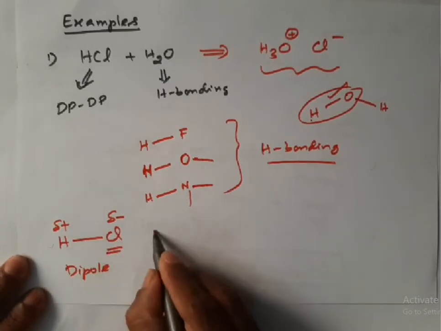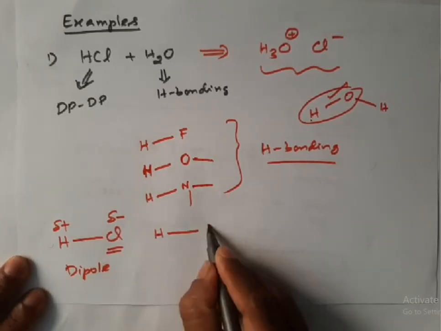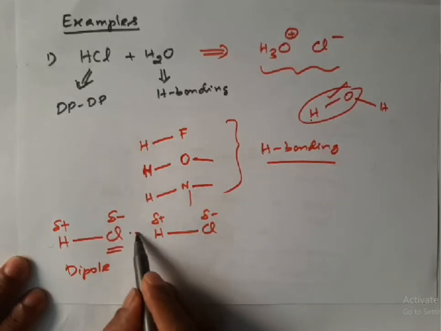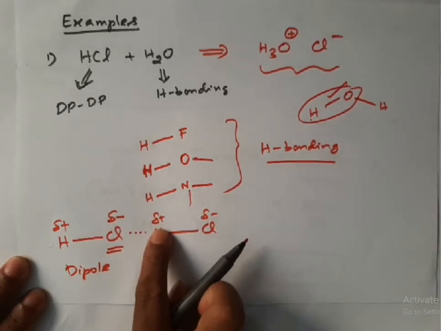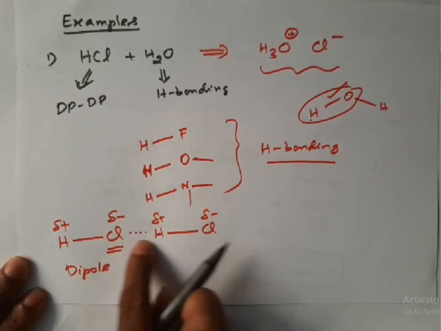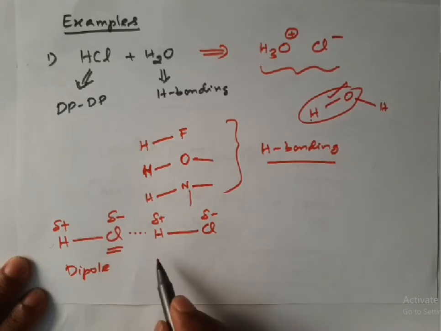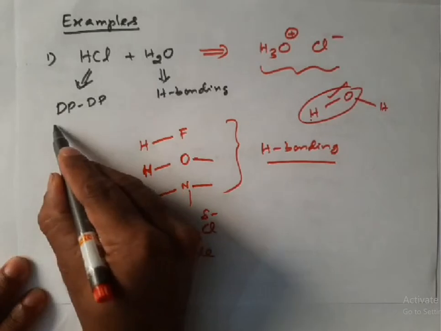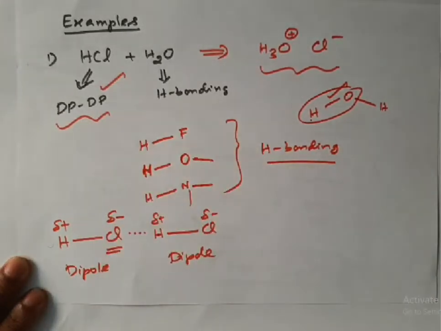One dipole and the other dipole are attracted through the partial charges. This partial positive charge on one dipole and partial negative charge on another dipole, between that there is an attraction. This attraction is what we call dipole-dipole attraction. So in HCl we have dipole-dipole attraction.